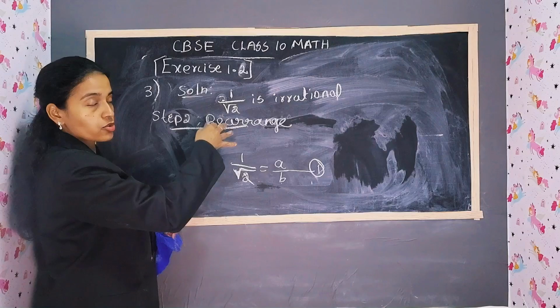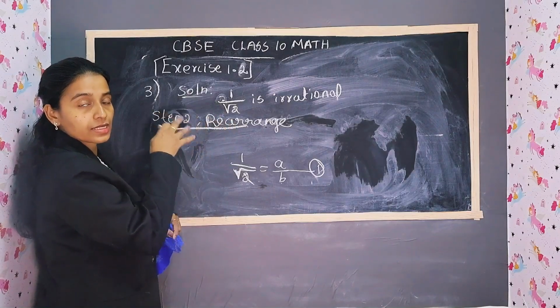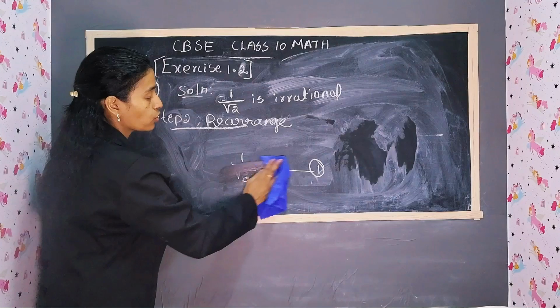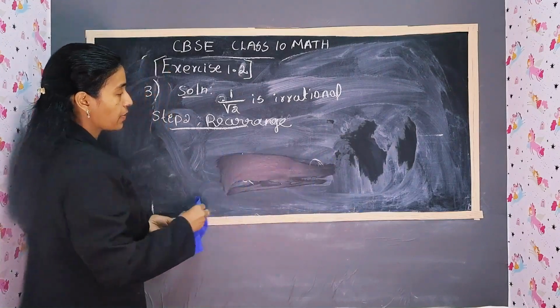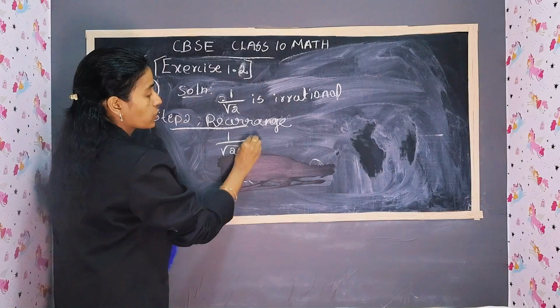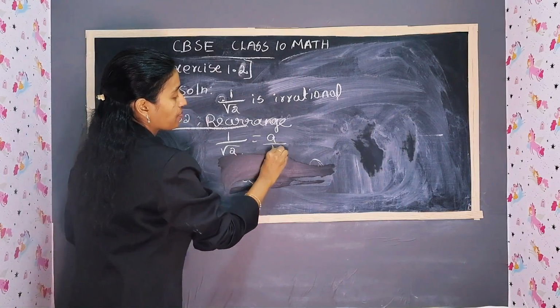That's why we write step number 2 as rearrange. 1 by root 2 equal a by b.